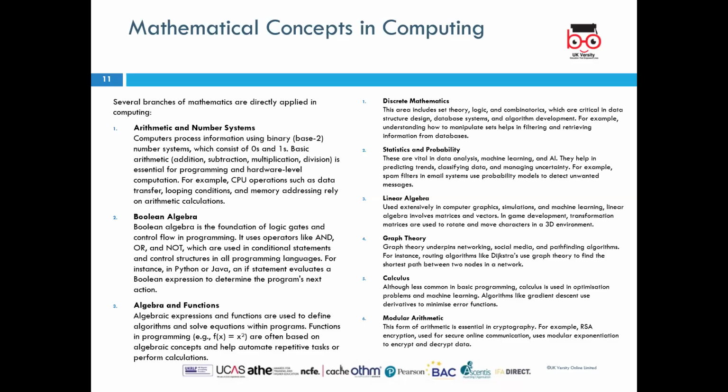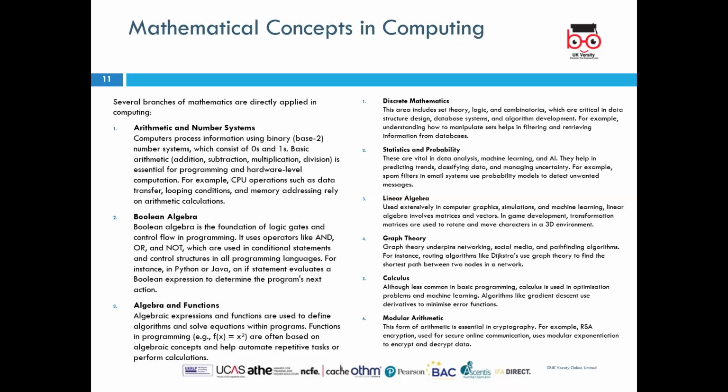Discrete mathematics. This area includes set theory, logic, and combinatorics, which are critical in data structure design, database systems, and algorithm development. For example, understanding how to manipulate sets helps in filtering and retrieving information from databases.